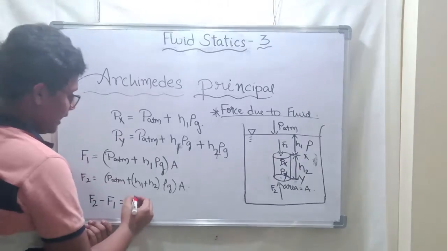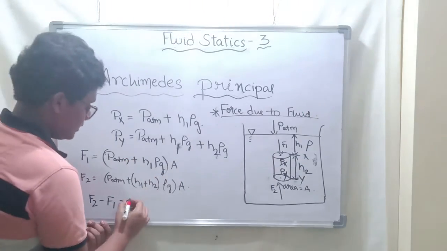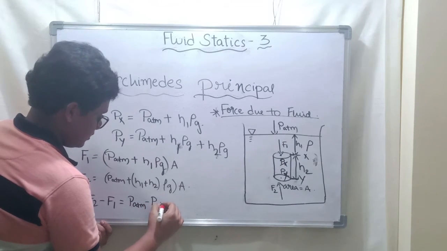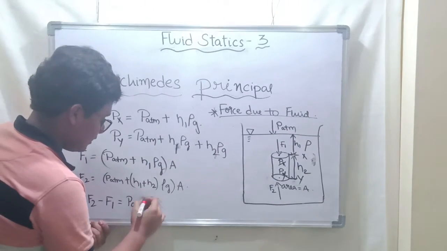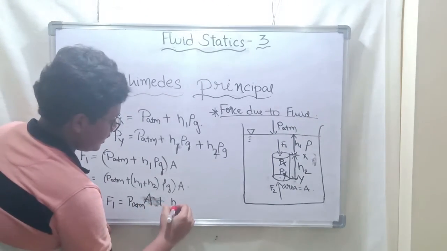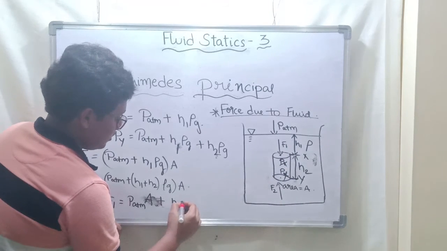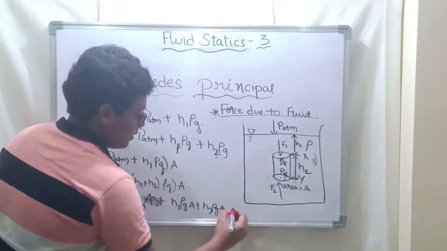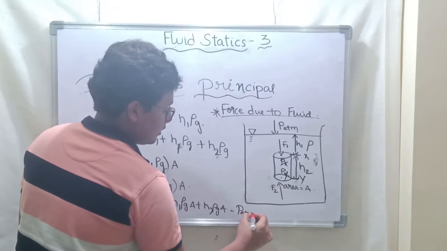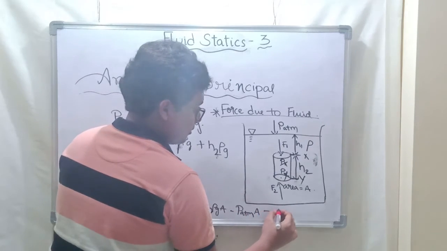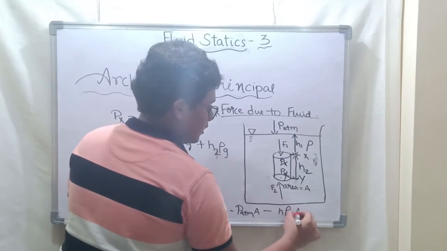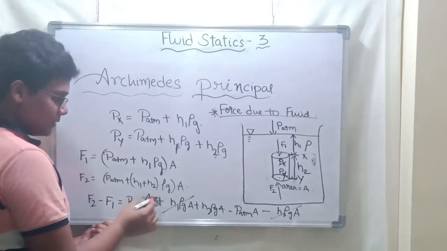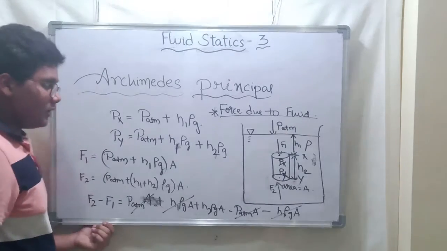So here F2 minus F1 means PATM into A plus h1 rho g into A plus h2 rho g into A, minus PATM into A, minus h1 rho g into A. The h1 rho g and h1 rho g will get cancelled, and PATM into A and PATM into A will get cancelled.